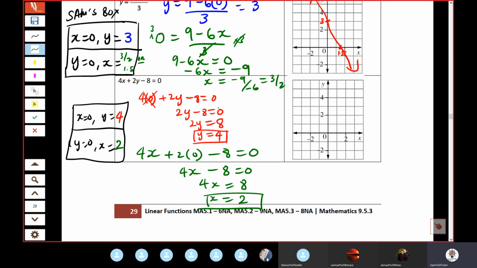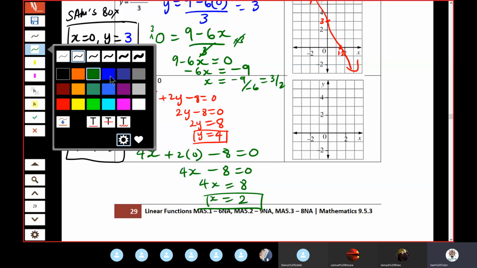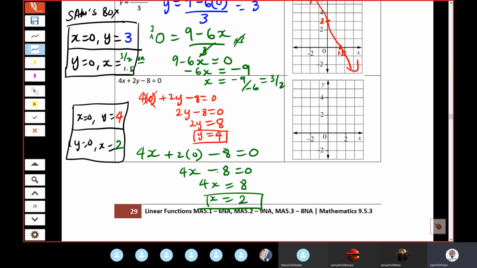What do we reckon? Better as the third question now? Good. The only mistake I've ever seen after students learn this, in this part of the topic, is they think this is an x value of 2 and a y value of 4. It's not 2 and 4. Remember, this is 1 point. This is another point.